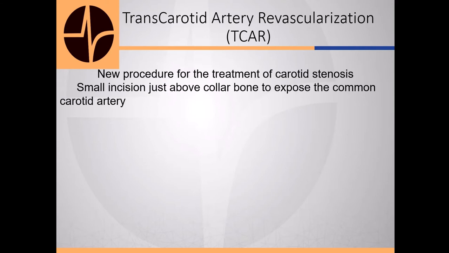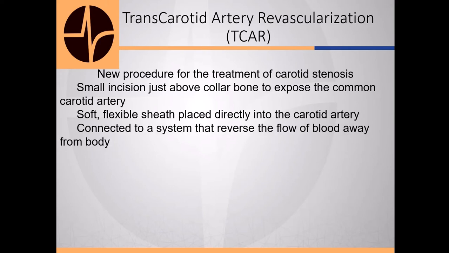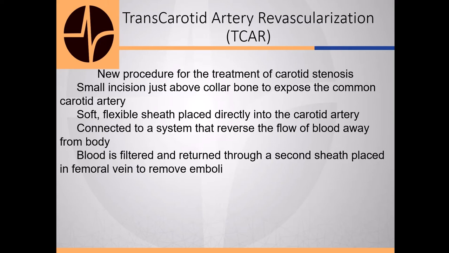So it's a small incision just above the collarbone to expose the common carotid artery. And there's a soft, flexible sheath placed directly in the carotid artery that is connected to a system that reverses the flow of blood away from the body. The blood is then filtered and returned through a second sheath placed in the femoral vein to remove emboli.